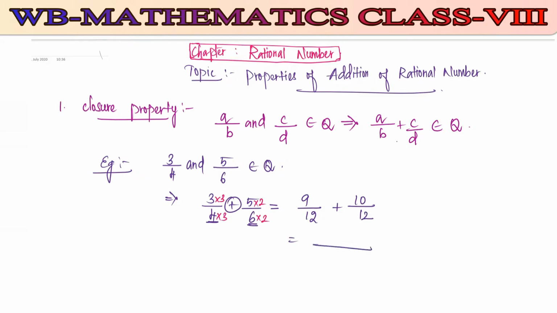When the denominators are the same, I can write it only once: 9 plus 10, just adding the numerators. So 19 divided by 12. This also belongs to the rational numbers. So when we take two numbers belonging to rational numbers, the sum of these two rational numbers belongs to the set of rational numbers. So this we can say is the closure property.